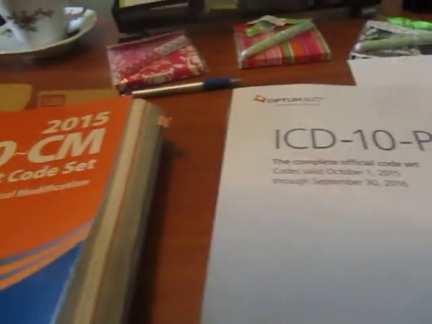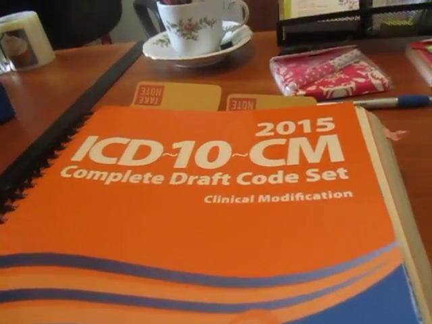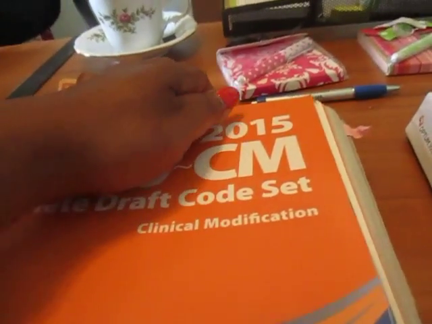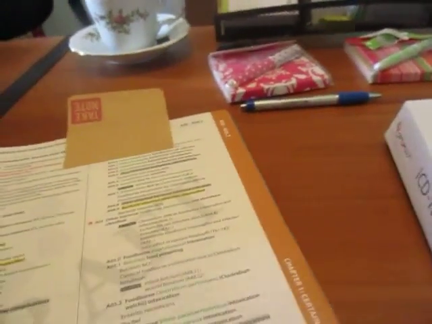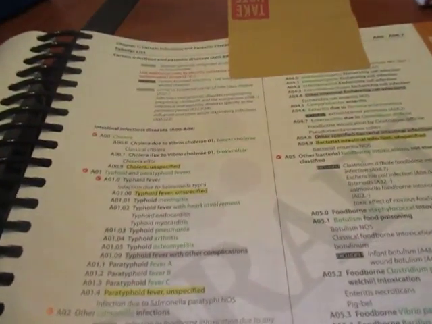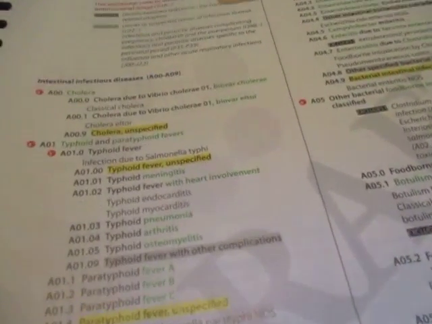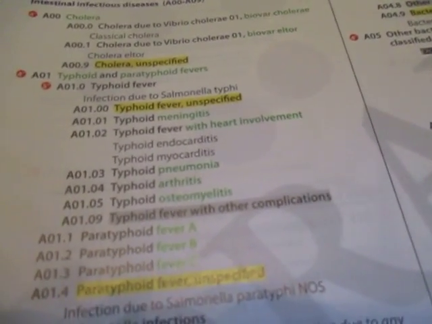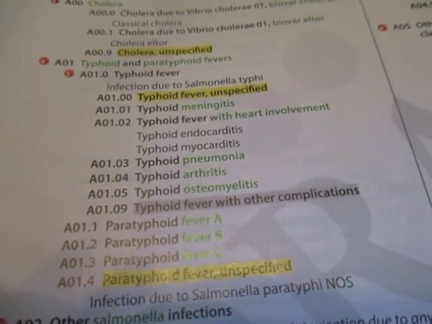ICD-10-CM has volumes 1 and 2. Remember, volume 1 is back toward the middle, toward the back of the book, and it's where your codes can be found. That's why it's volume 1: if you go to look up a code, you'll go straight to that code number to find your code.